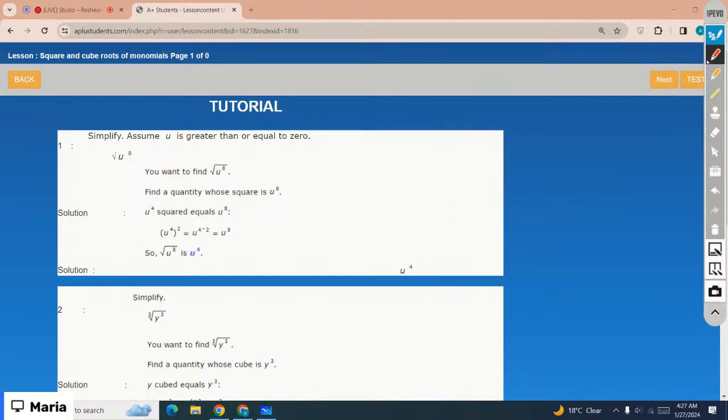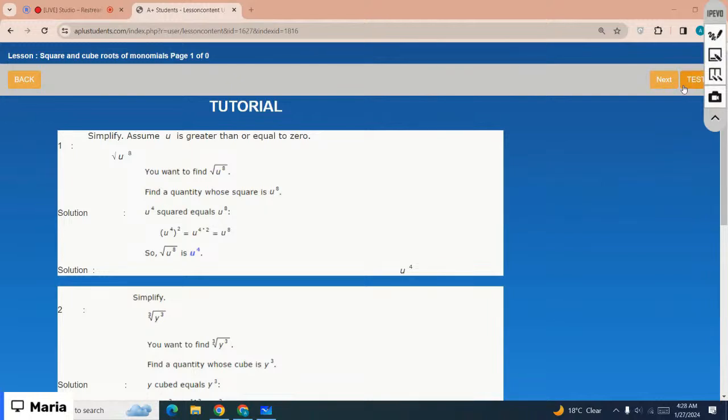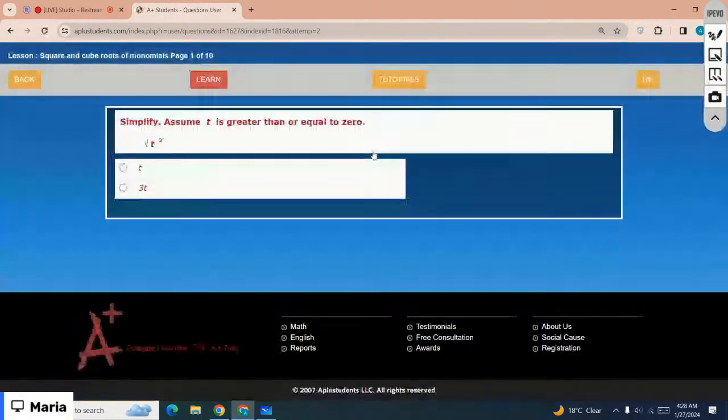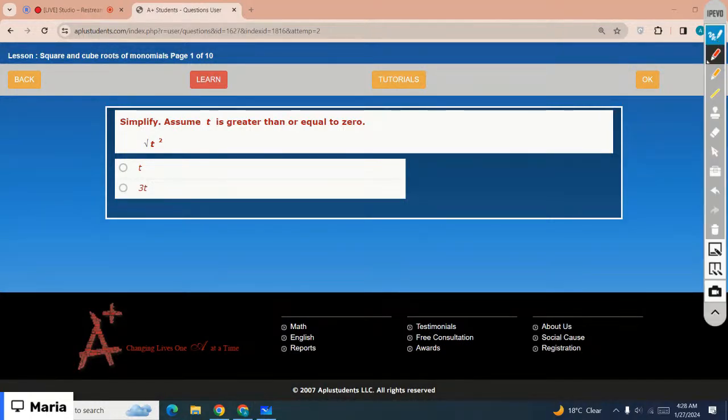Let's just start with the test question. Okay, fine, simplify. Assume t is greater than or equal to 0. Square root of t squared, which is the correct option? Whenever something is written with the square, like here you have this 2 and square root, they are opposite to each other and cancel out each other. So you are just left with t.